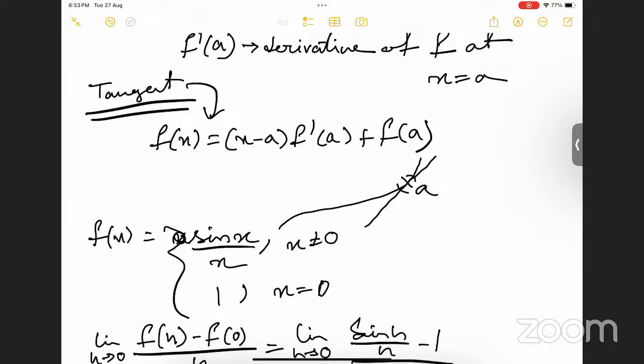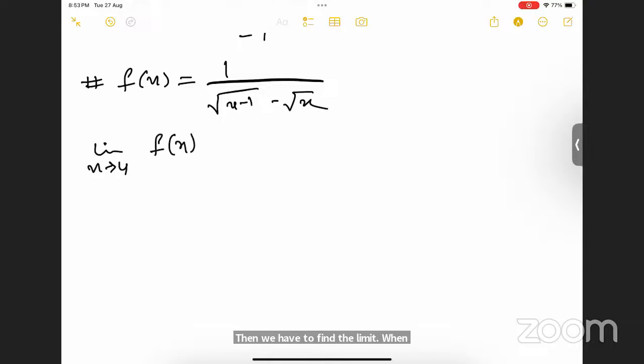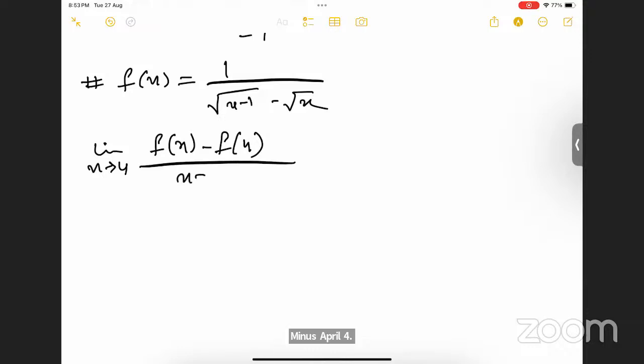Because I can see one question. Yes, ma'am. Is this the one which you are talking about? Yes, ma'am, exactly this one. Then we have to find the limit as x tends to 4 of f(x) minus f(4) by x minus 4.